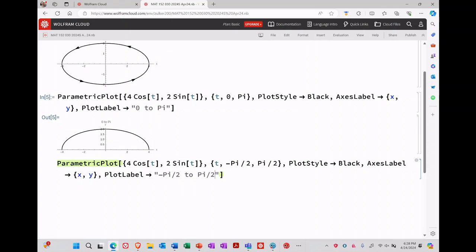Minus pi over 2 to pi over 2 corresponds to what part? Is it going to be that instead of it being cut in half horizontally, it's going to be cut in half vertically?